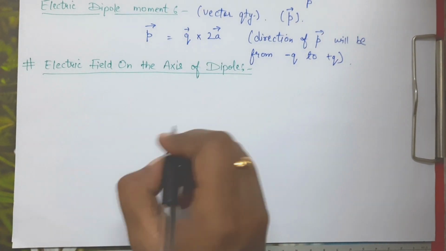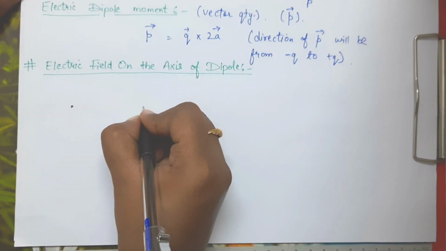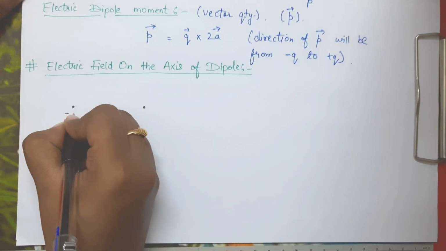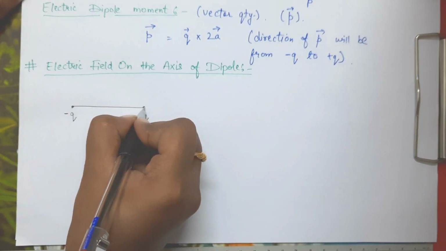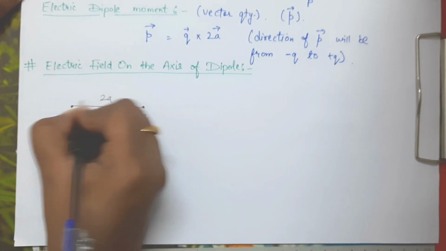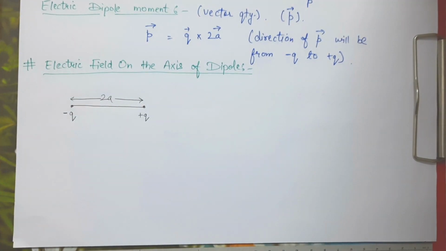Now suppose we are having a dipole like this, two equal and opposite charges minus q and plus q. These are separated by a very small distance of 2a, right? This is the distance between these two charges.